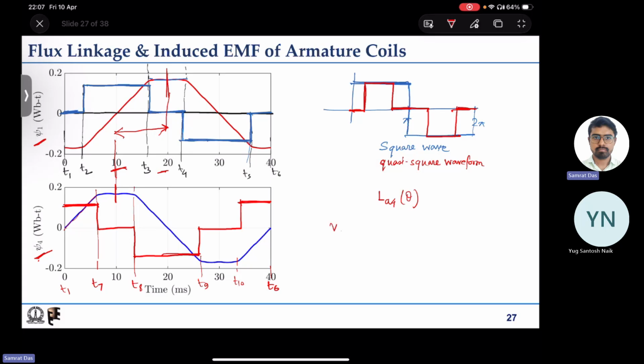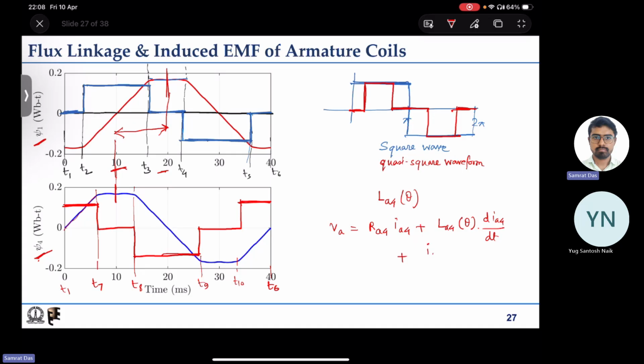If the voltage is VA, then it will be some RA4 into IA4, plus you will have this LA4 as a function of theta into dIA4 dt, plus we will also have the dynamically induced EMF, that is due to variation of its own self inductance.